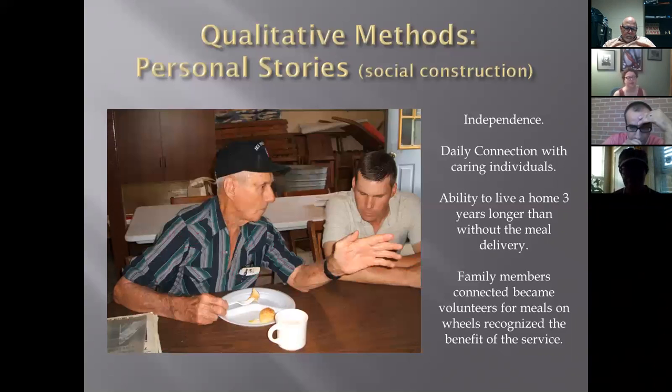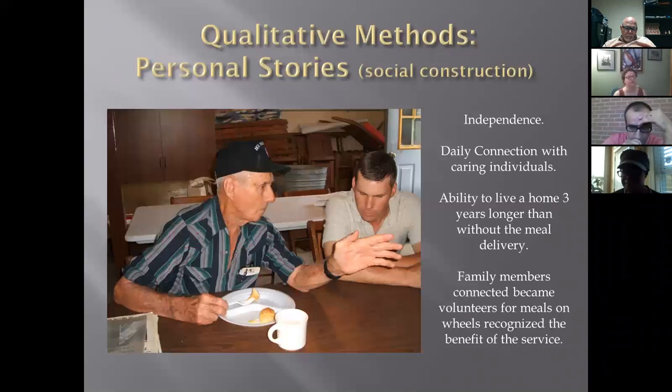For me, this is actually a family member of mine, Uncle Junior, who had Meals on Wheels. He was legally blind, a World War II veteran, and it allowed him to stay in his home for almost 3 years before he had to have assistance and not live at home.